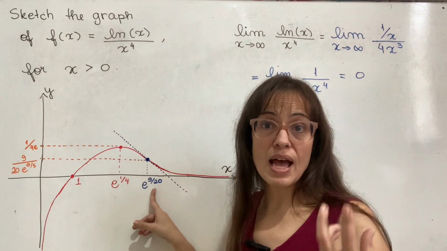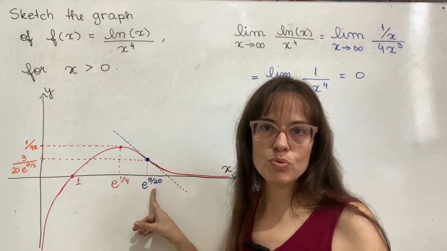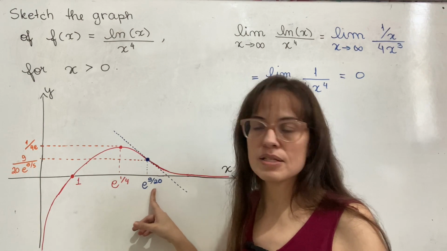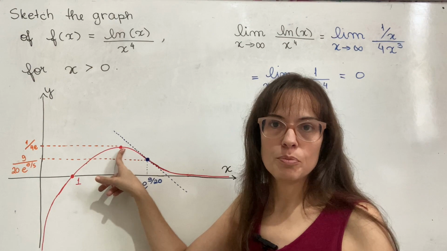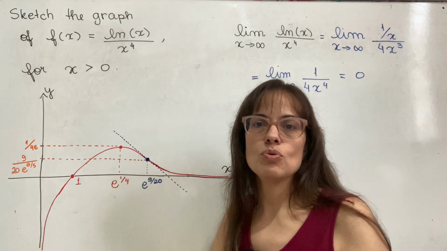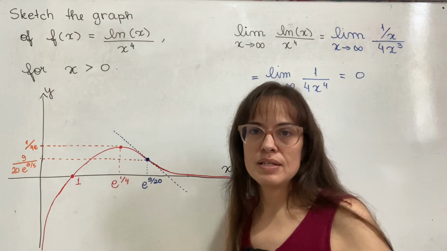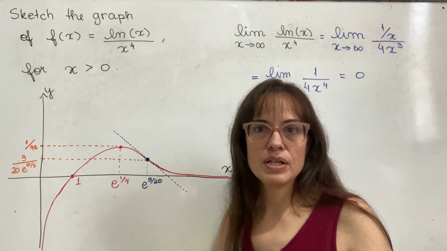So we already had the second derivative in our hand. It would be very easy to use the second derivative test to figure out whether this critical point was a maximum or a minimum, right? You just take the e to the power of 1 over 4, plug it into f double prime, and that's going to be a negative number, which tells you that the concavity is down.